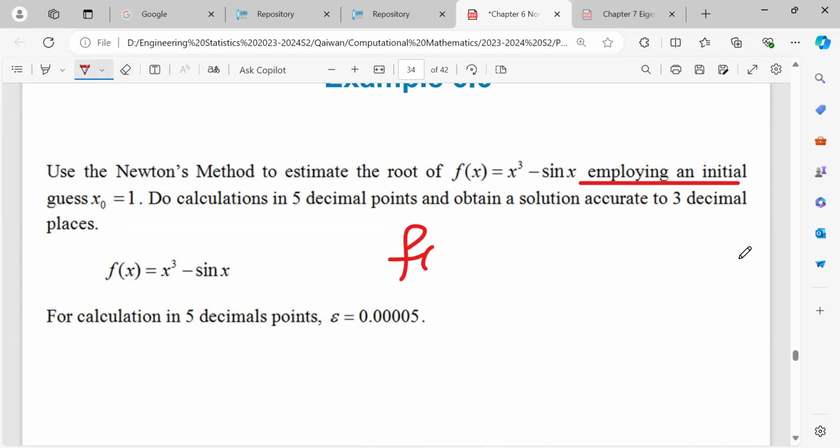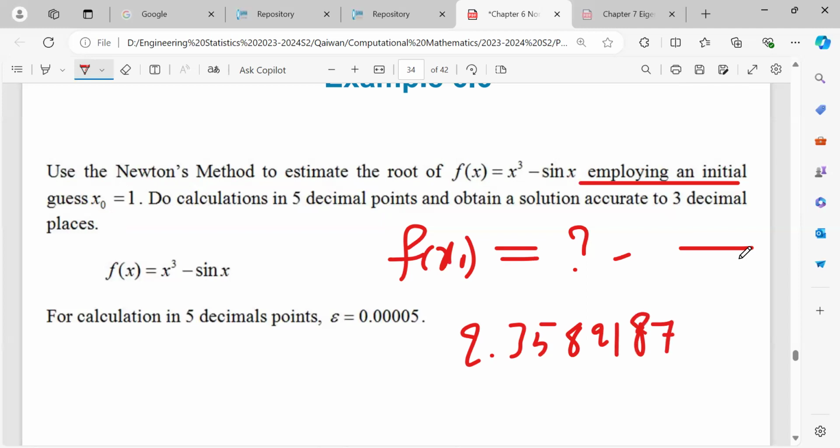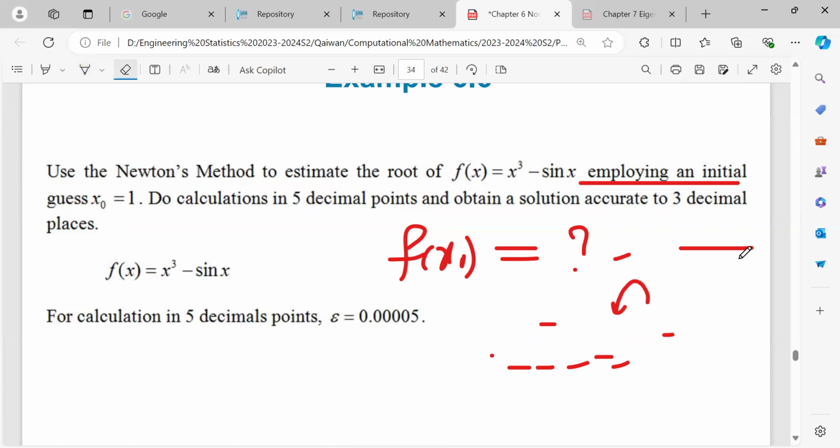When you find f of, let's say, x naught, take 5 decimal points, so the results should be given in 5 decimal points. For example, if you have, let's say, 2.358218728, we just take the first 5. But you have to round it. The last digit becomes 2. So you should round it to 5 decimal points. The results should be rounded to 5 decimal points.